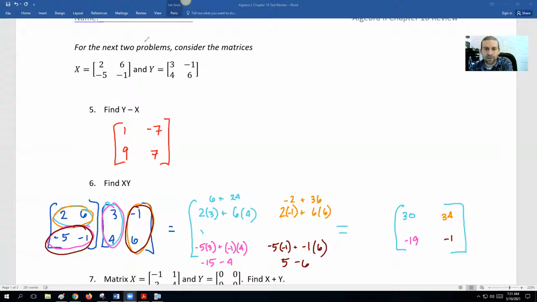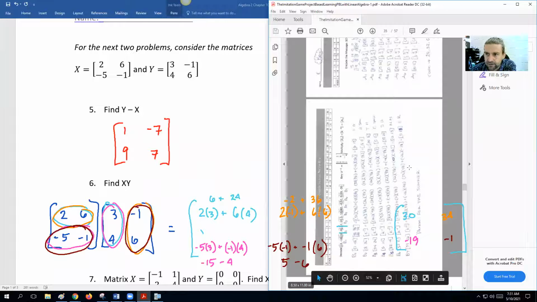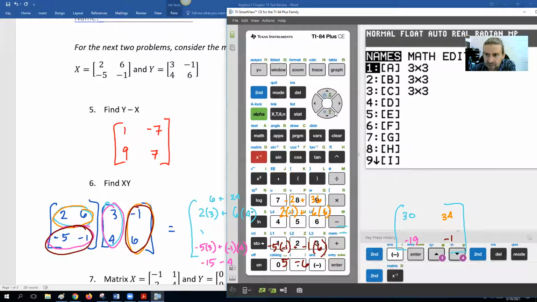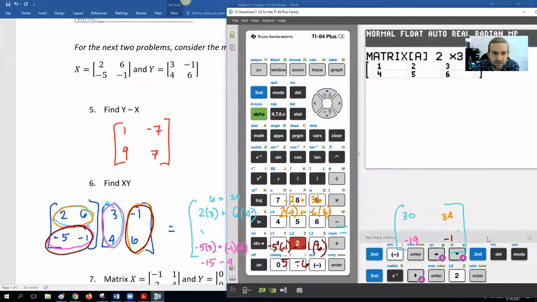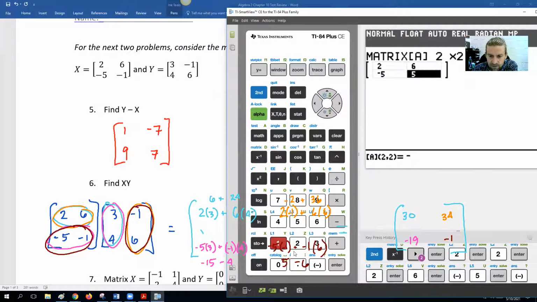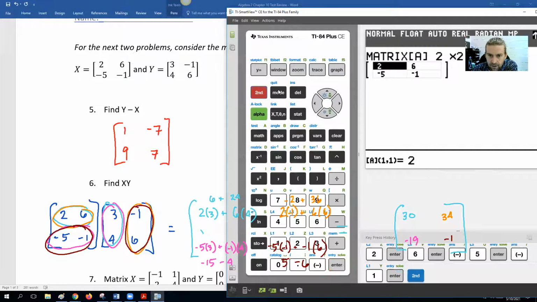There's our answer here. Now what you can always do, I want you guys to show your work in case you make a simple mistake, but we can double check all of our answers on the calculator. Using the calculator, go to our matrix, let's edit matrix A, make it a 2 by 2, and type in the numbers 2, 6, negative 5, negative 1.